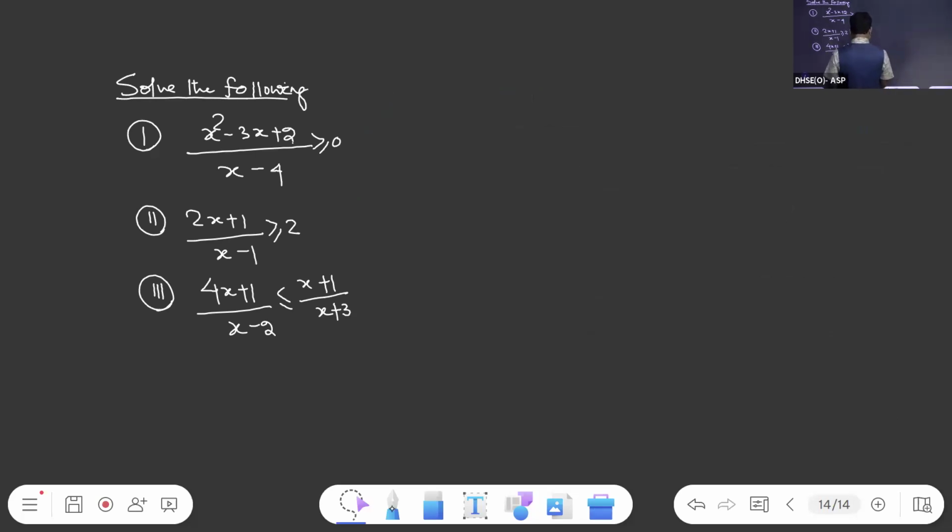Then come to solve the third one. 4x plus 1 upon x minus 2 less or equal to x plus 1 upon x plus 3. We can't cross multiply the terms, so we have to bring the expression x plus 1 upon x plus 3 to left hand side.